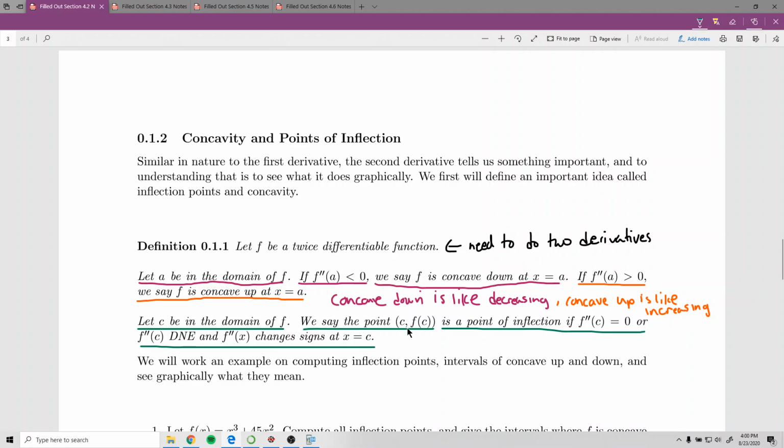Right, so to draw parallels from here, it's sort of like a critical value where there's a maximum or minimum, because the second derivative changes signs.